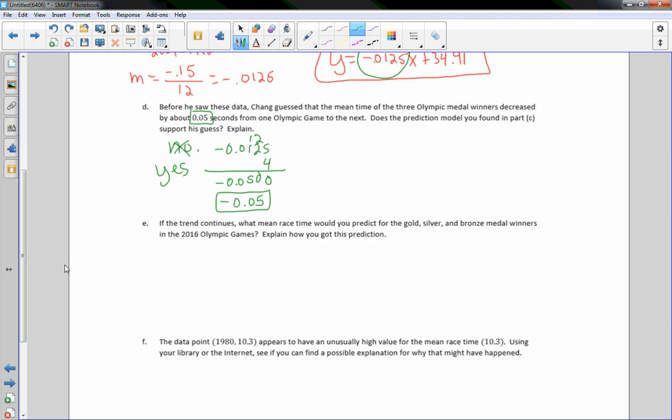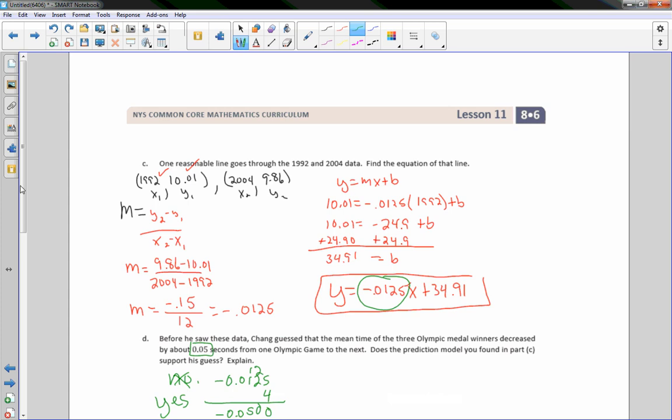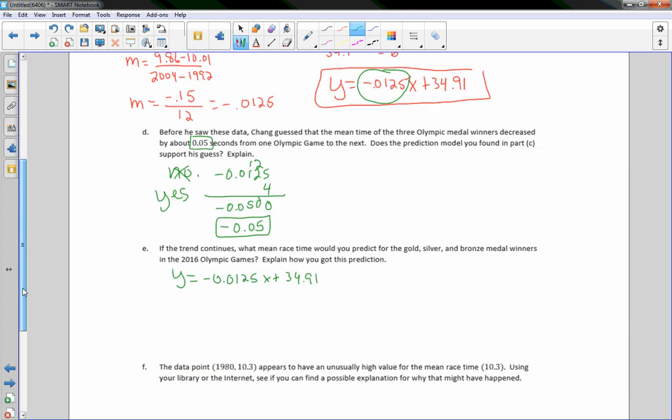E, if the trend continues, what mean race time would you predict for the gold, silver, bronze medal winners in 2016 Olympic Games? Okay, so we use our equation, y equals negative 0.0125x plus 34.91. 2016 is the year, so what we would do is solve this for x.